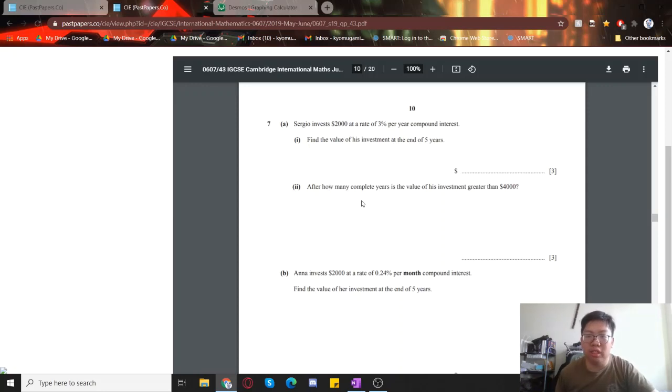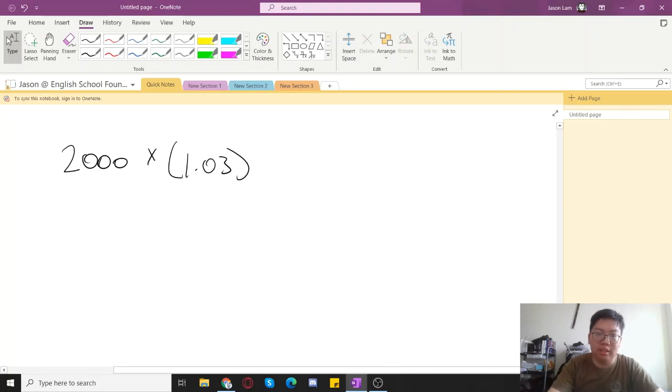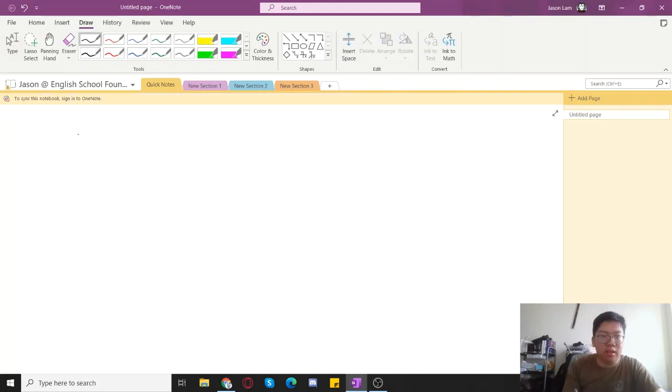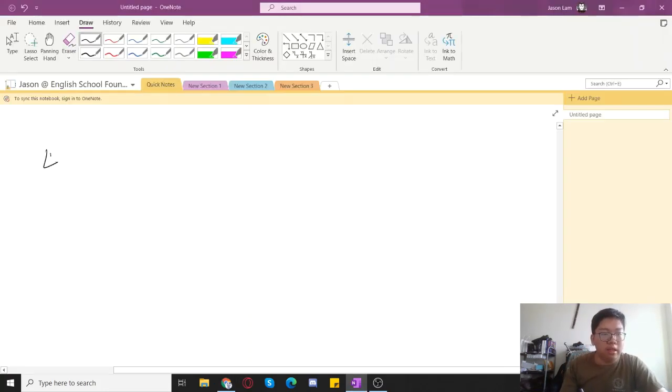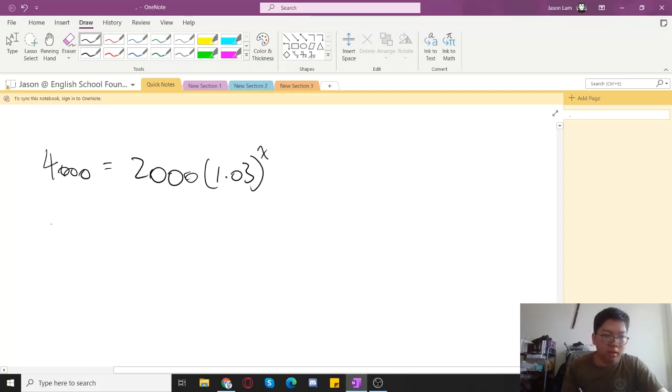How many complete years? Again, this is an algebra question, but it's pretty basic. The concept is, how many complete years is that? Okay. So again, from our equation, we have this, and we want to find out x. So 2 equals, let's rearrange this.